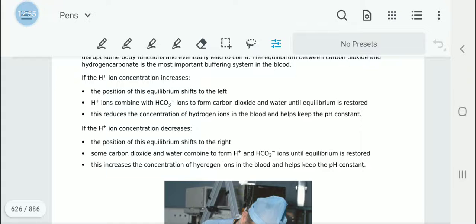Then write down, if H plus ion concentration increases, equilibrium shifts to the left, more H plus combines with HCO3 minus ions to form carbon dioxide and water until equilibrium is restored. This reduces H plus concentration and maintains pH.